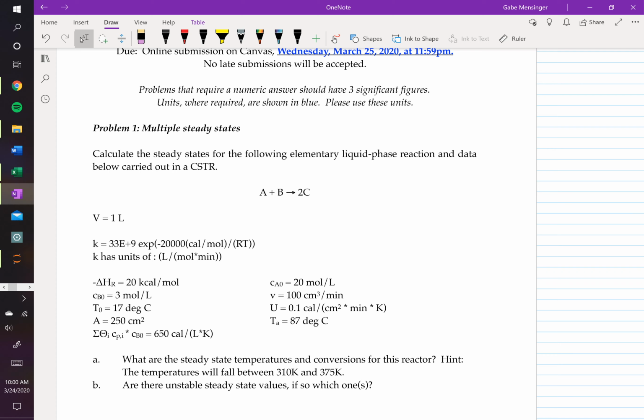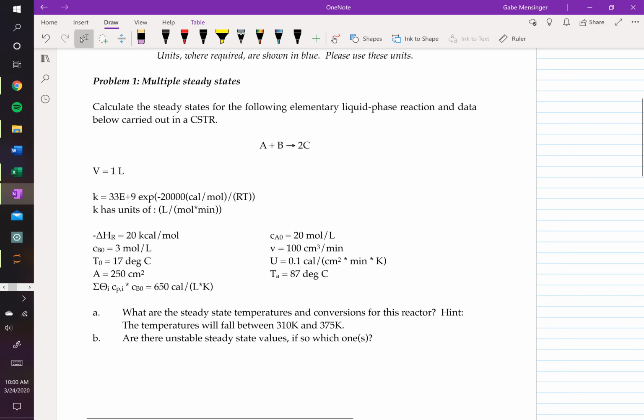All right. So, starting off with problem 1, it's a multiple steady states problem. We want to find the steady states of the following liquid phase reaction carried out in a CSTR.